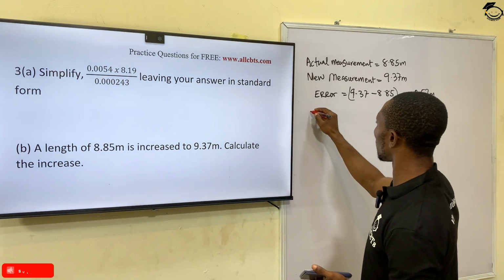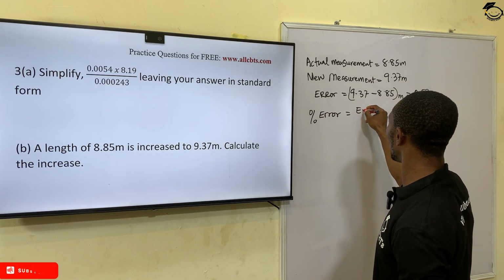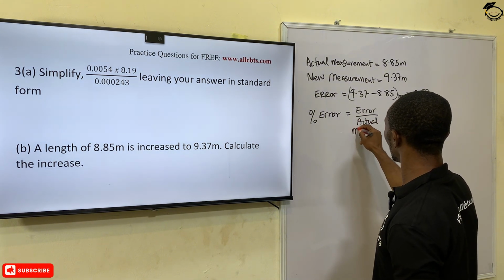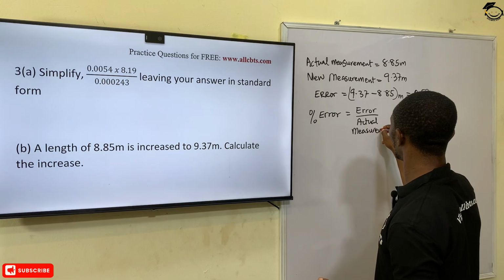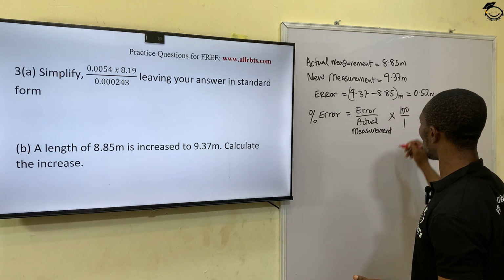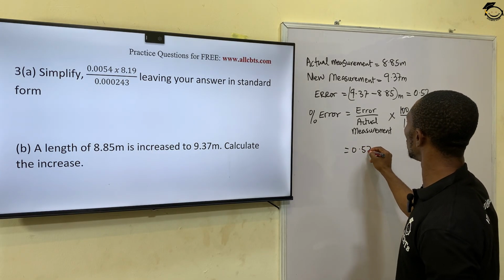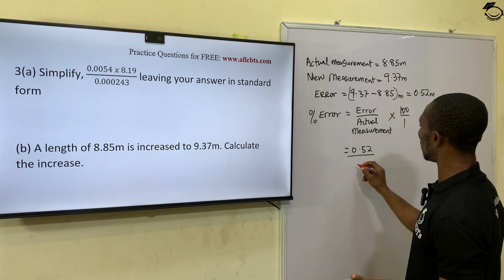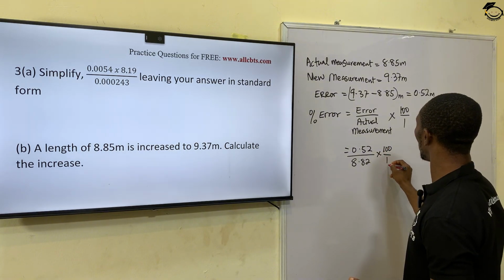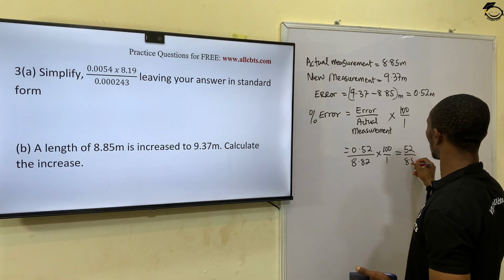Now, for us to calculate our percentage error, we have it as error all over the actual measurement times 100 all over 1. Our error here is 0.52 all over the actual measurement 8.85 times 100 over 1. So with this, we have 52 all over 8.85.